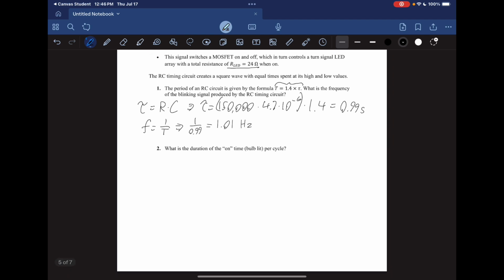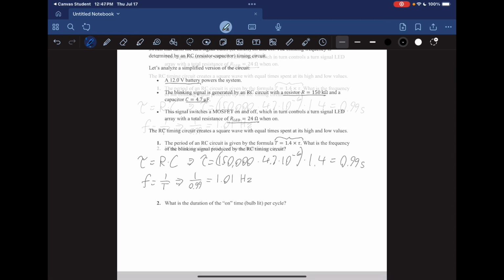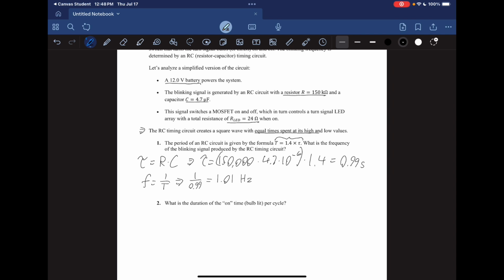Okay, next question says, what is the duration of the on time per cycle? So there's a few things I haven't underlined here that are important to solve this problem, and that is located in this sentence here. This is why I always recommend double reading your problems. So we have the RC timing circuit creates a square wave with equal time spent at its high and low values. So I'm going to underline that.